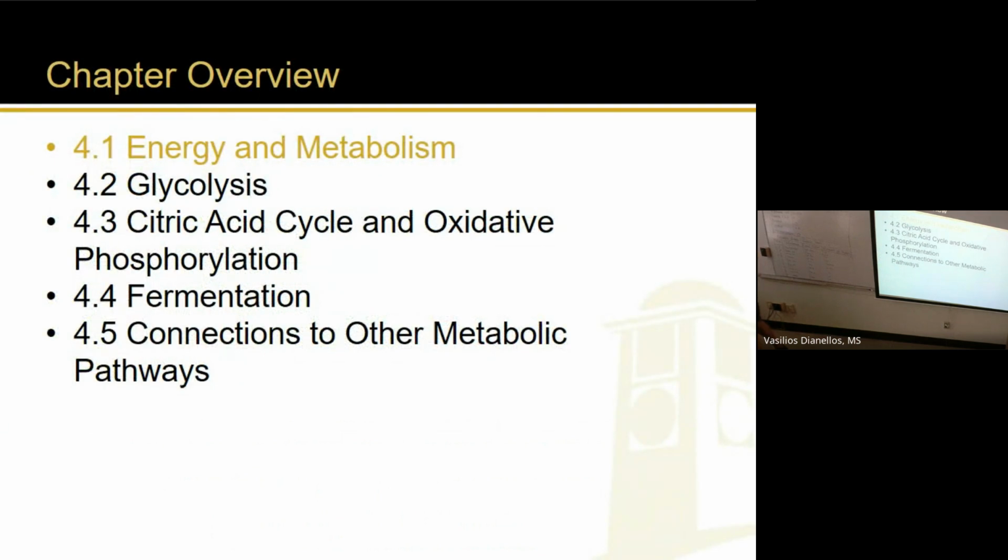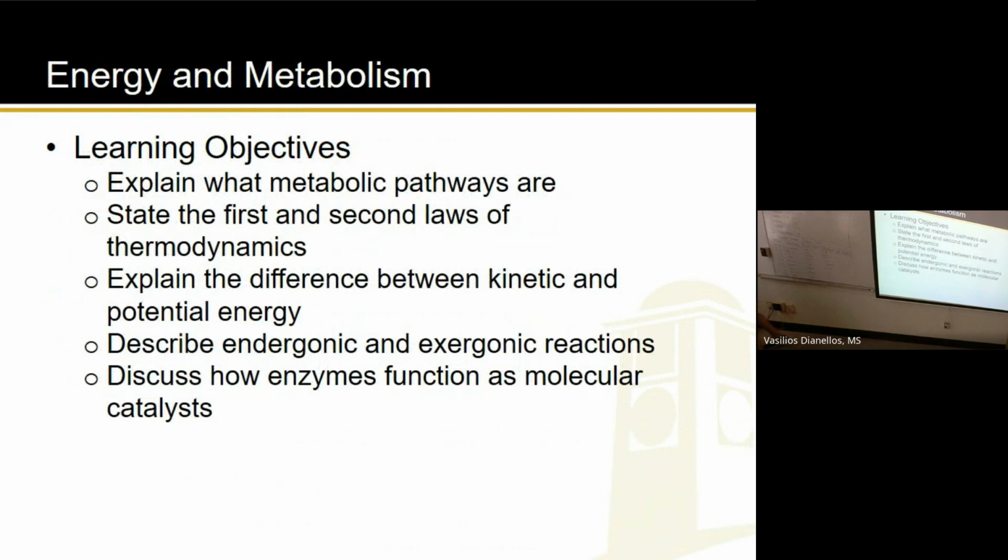The first thing we're going to talk about is energy and metabolism. Before we even talk about how cells get energy, let's first talk about what energy actually is. So the learning objectives of this section are, at the end, you should be able to explain what metabolic pathways are. You should be able to state the first and second laws of thermodynamics. You should be able to explain the difference between kinetic and potential energy, and I bet most of you already can.